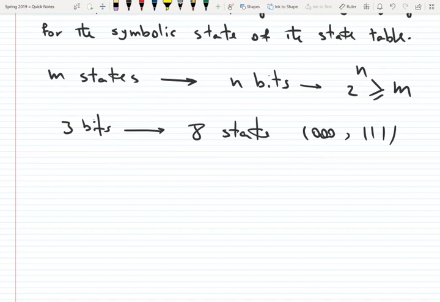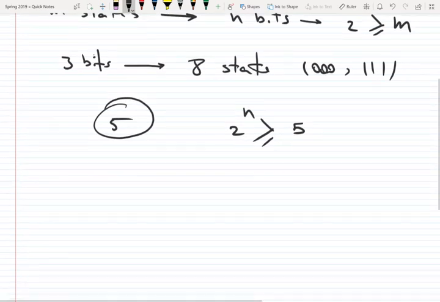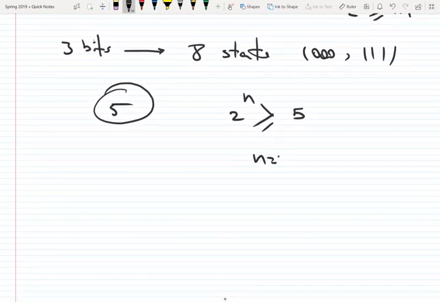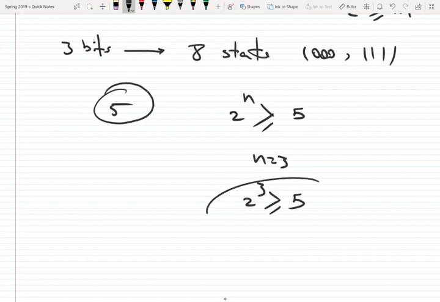So if we have 5 states, how many bits do we need? We should find n in a way that 2 to the power of n is greater than or equal to the number of states. So what is n? Of course, n is equal to 3 because 2 to the power of 3 is greater than or equal to 5.